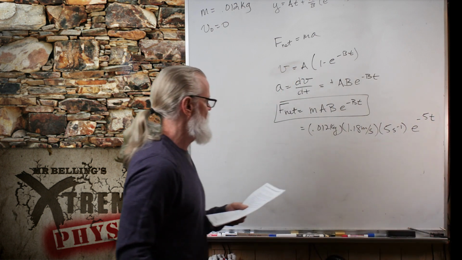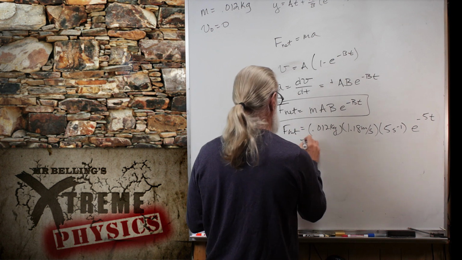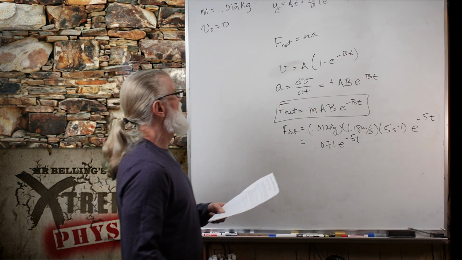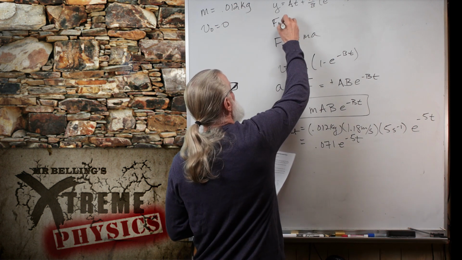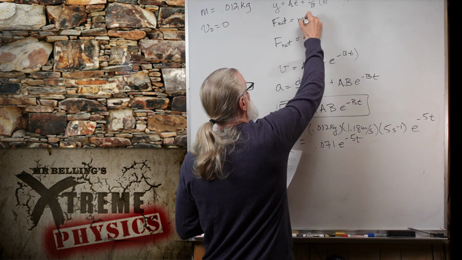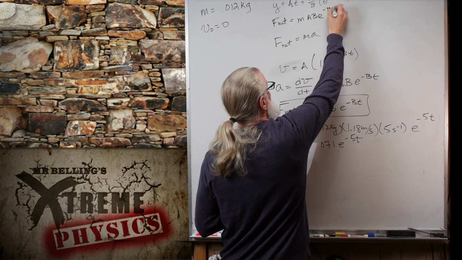So you had something like that. So you would just calculate that. F net at t. All right. So there you go. I'm going to write that down. F net equals m a b e to the minus bt.